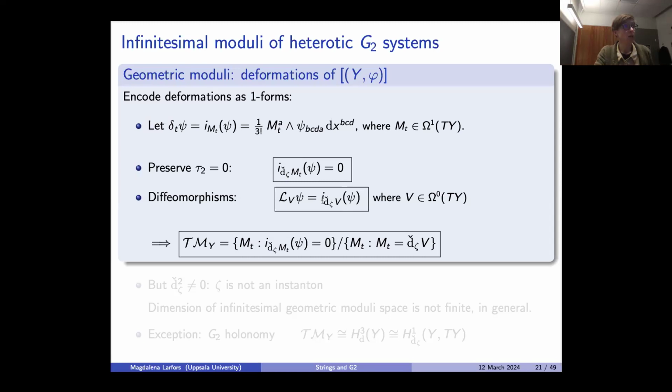So we again have this contraction with d zeta of V here, where V is a zero form, which means that our space of geometric deformations can be parameterized in the following form: tangent bundle valued 1 forms that must satisfy this differential condition. And then we should quotient out by the ones that are d zeta check exact.